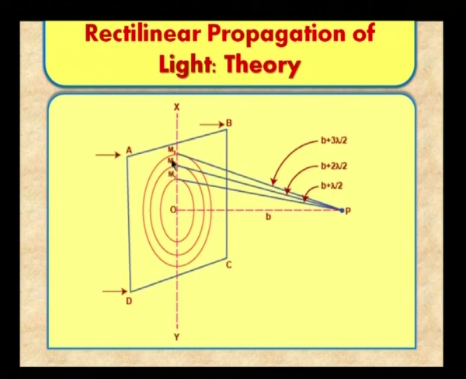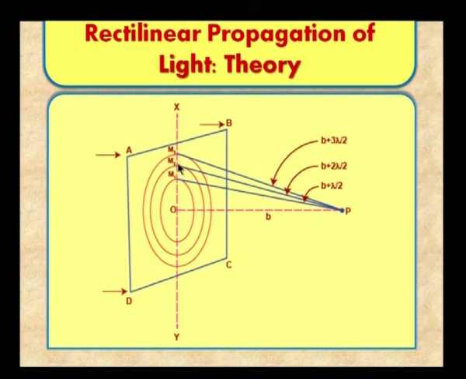The distance separating M2 and P is b plus 2 lambda by 2, and M3 and P is b plus 3 lambda by 2. Okay. Then with P as the center you draw the perpendicular, and this is the first half period zone separated by a distance b from P. So, PO is b, and then you draw a circle with P as the center and b plus lambda by 2 as the radius. You draw a circle, that is the second half period zone.